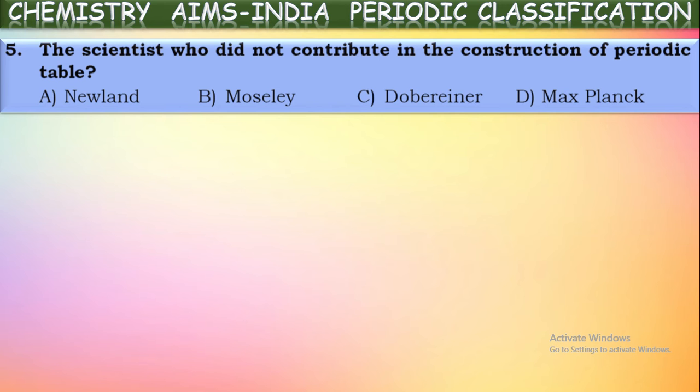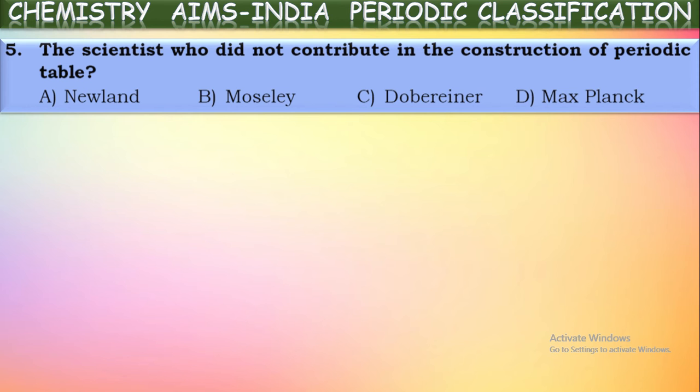Whose contribution is not related to this periodic classification? That's the question here. We know, if you see the first option, Newlands. Newlands gave his contribution in the form of octaves, isn't it? We call them Newlands' octaves. Even Moseley was a scientist who gave the modern periodic table. He constructed this modern periodic table, so his contribution is there.